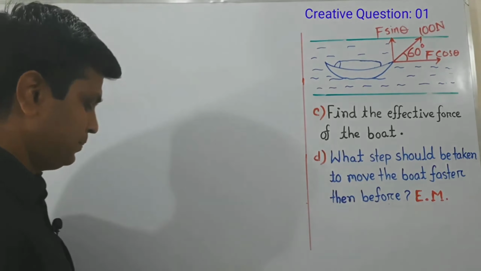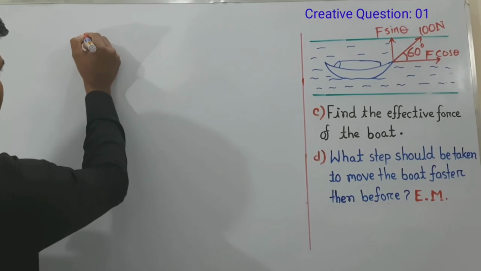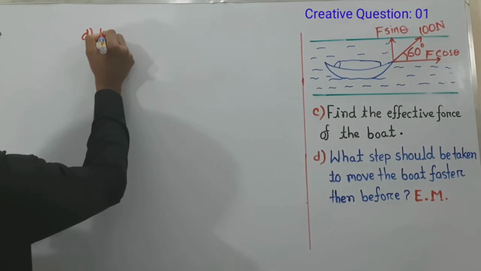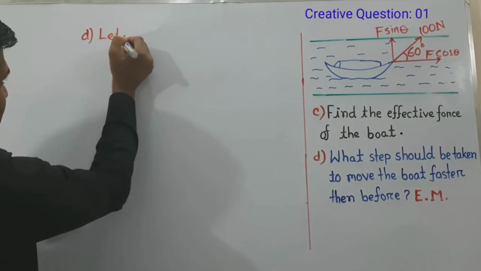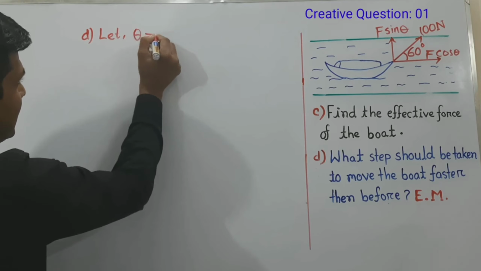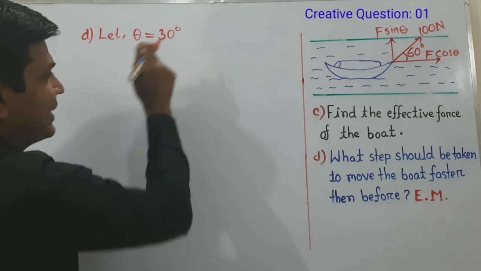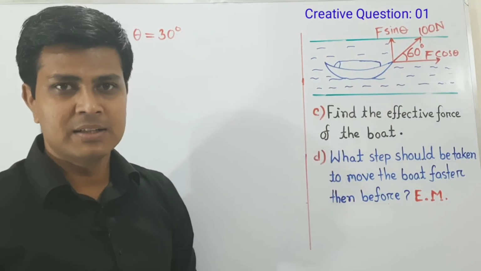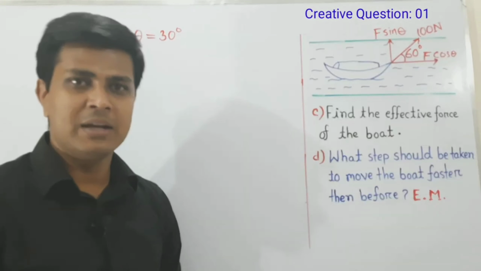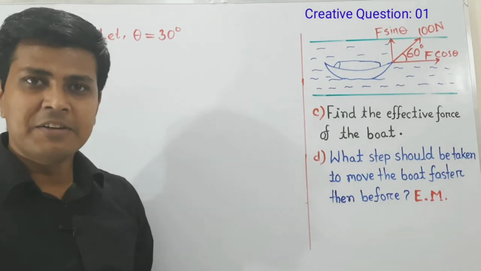Let's consider theta is 30 degree, that is less than the given angle. Now we are going to calculate the effective force.